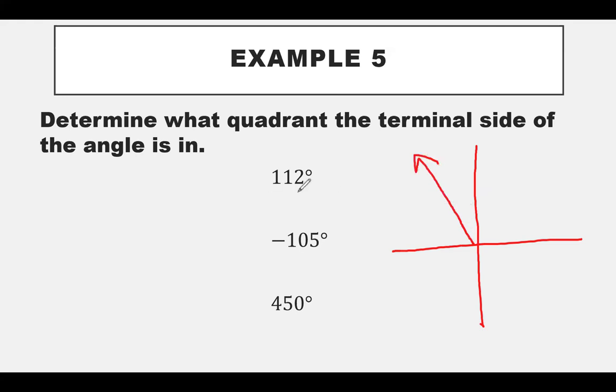So 112 degrees is going to be in quadrant 2. Negative 105. Well, if I'm going in the negative direction, I'm going clockwise, past negative 90, but not yet to negative 180. So negative 105 is going to be in quadrant 3.